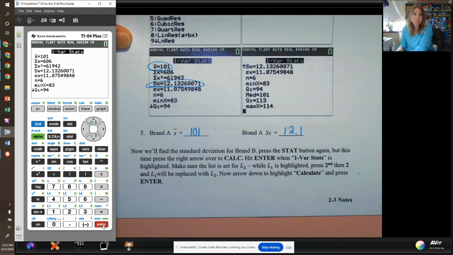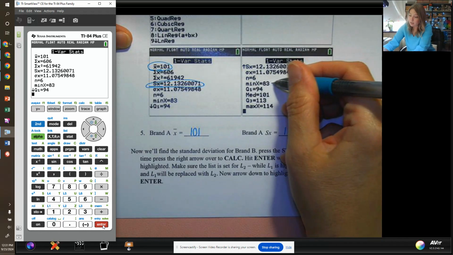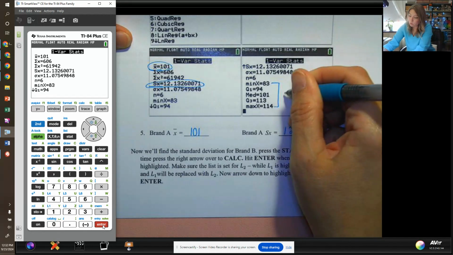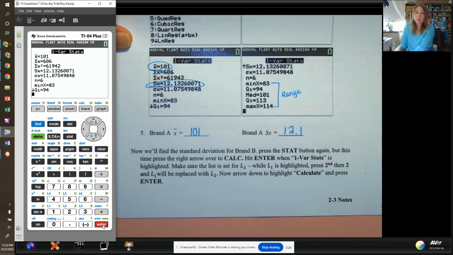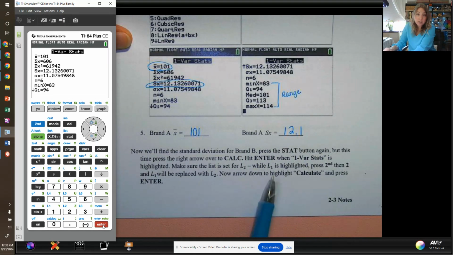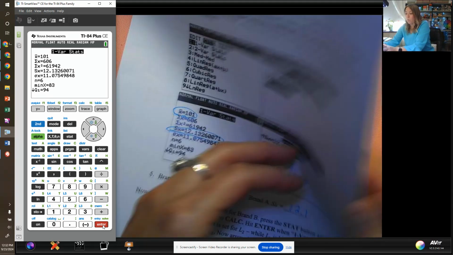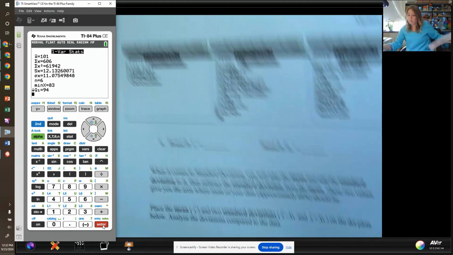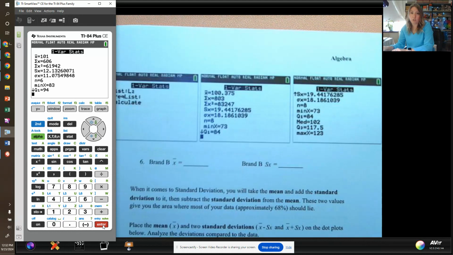Okay? This arrow down is showing you the range. That's showing you the range of brand A. This was all brand A. And now here I'm asking you to calculate that same thing for brand B, which we already know because we had already done those calculations.